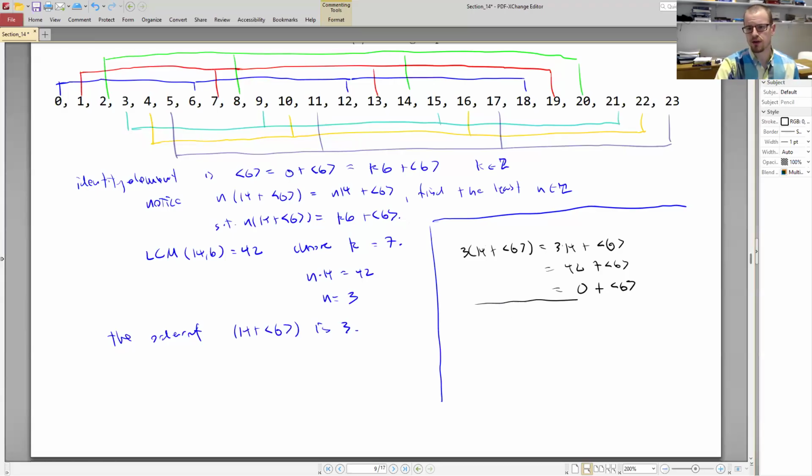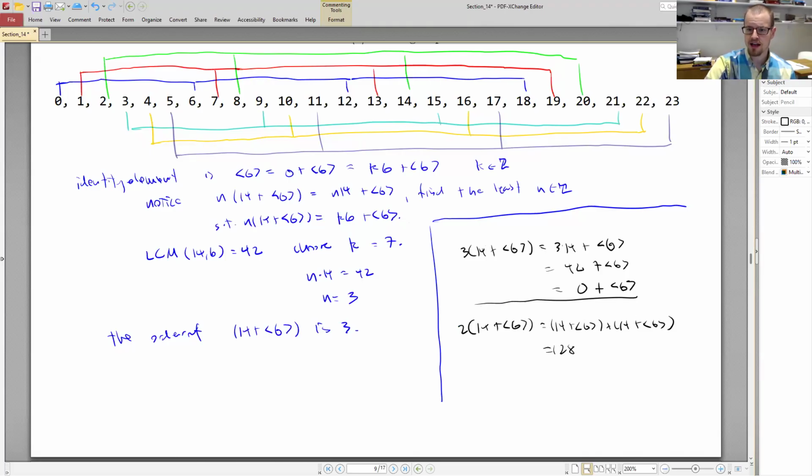If I wanted to observe that it is in fact the least: it itself is not the identity. 2 times it is equal to 14 plus what's generated by 6 plus 14 plus what's generated by 6.